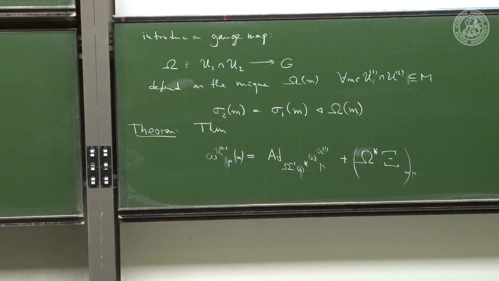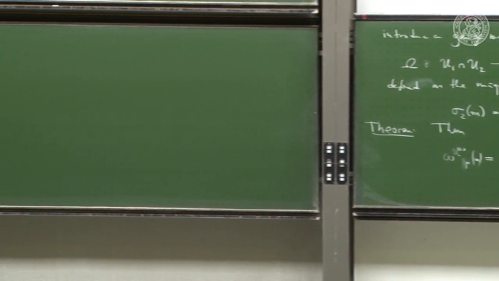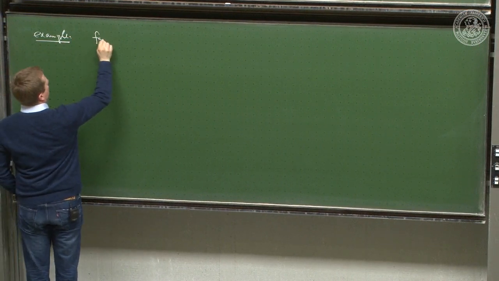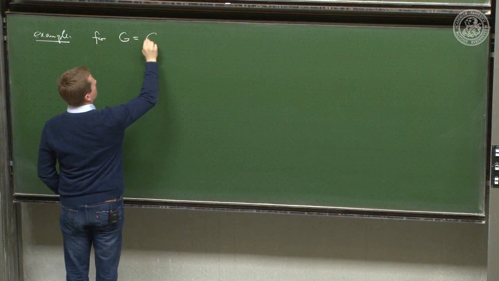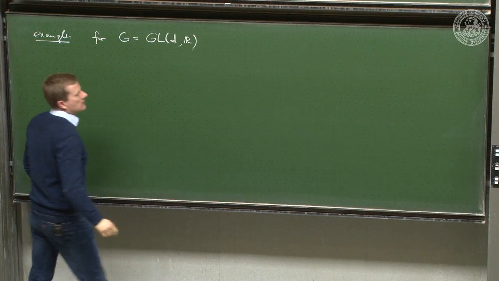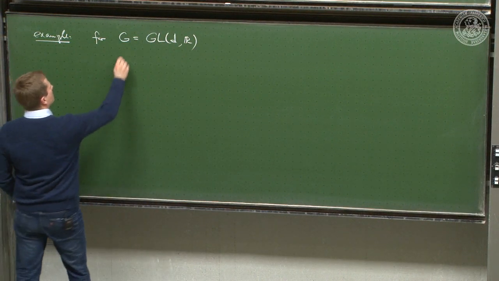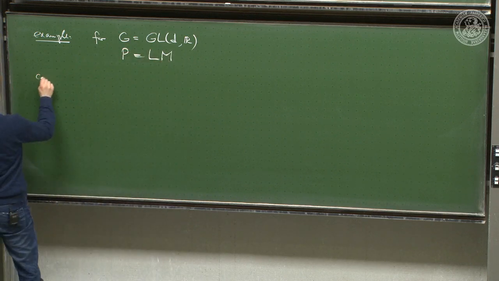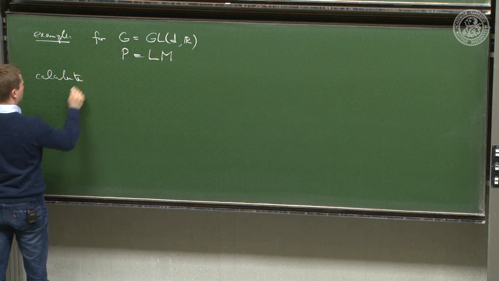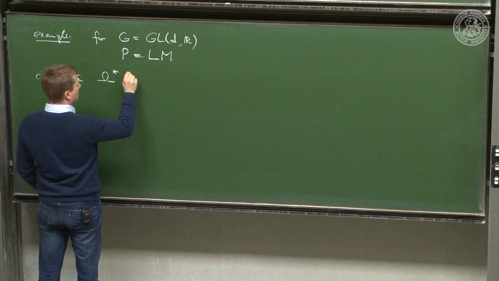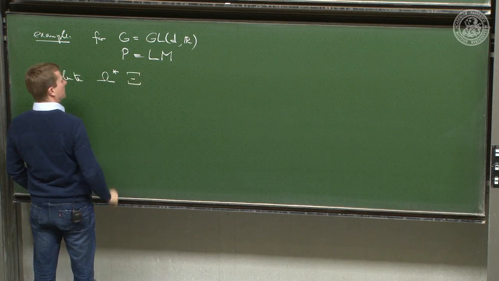So as an example, for G equals GL(d, R) and the frame bundle, we calculate omega pullback of the Maurer-Cartan form.